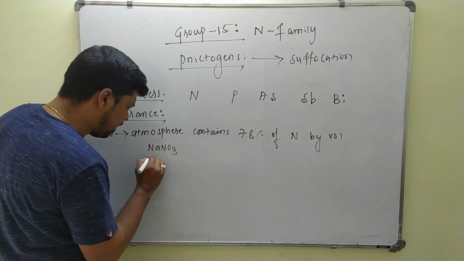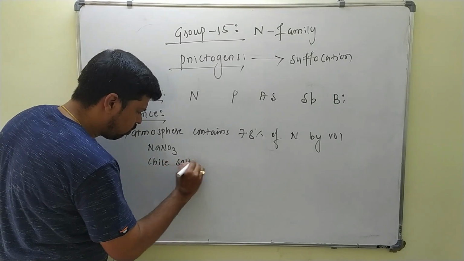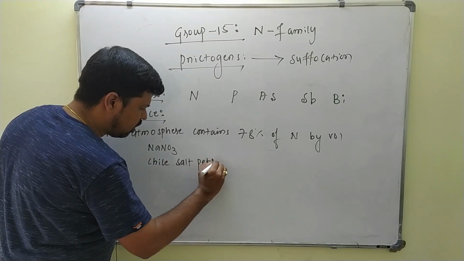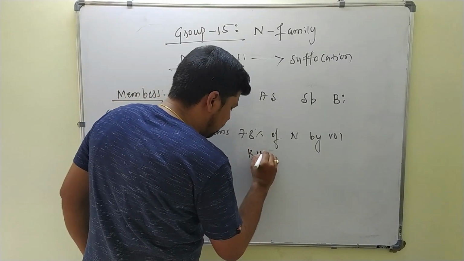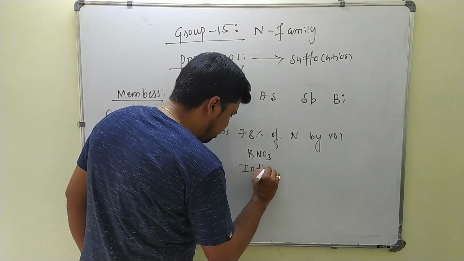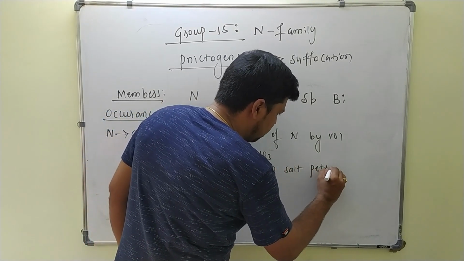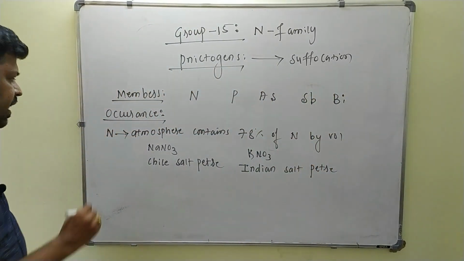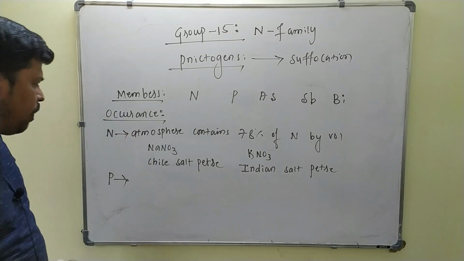This sodium nitrate is called Chile saltpeter. It is also available in the form of potassium nitrate, which is called Indian saltpeter. Next, if you go for phosphorus, it is available in the minerals of the apatite family.